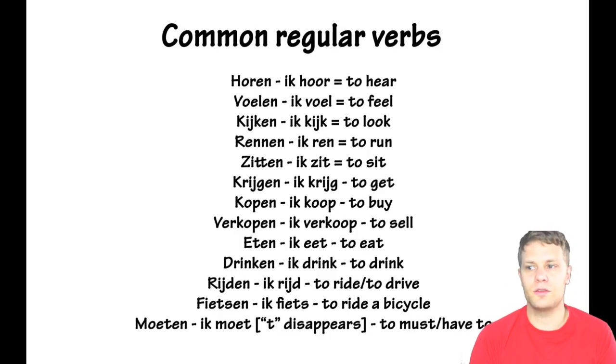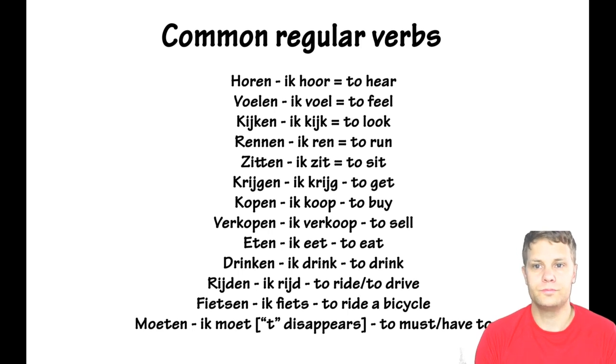These are some common regular verbs that follow that same pattern. So you could just add the T, add the en for the plural, and you're set in the present tense. It's easy. Horen, ik hoor, means to hear. So if you say we hear, you say wij horen. If you say he hears, you say hij hoort, because it gets a T. It's really easy.